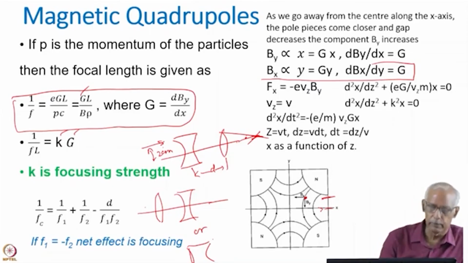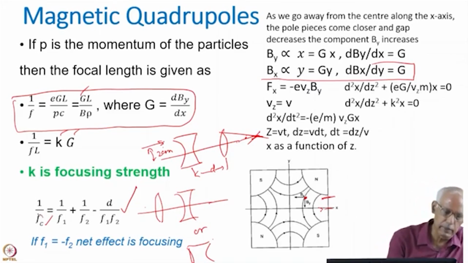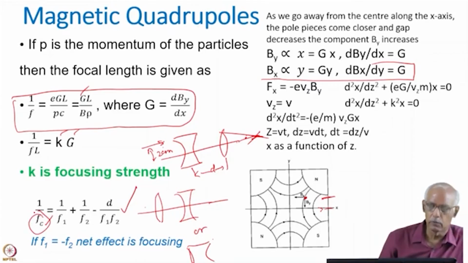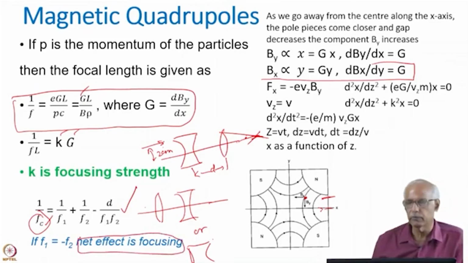If you put either of them, you will find that the combined effect is always positive. Therefore any combination of lenses, either focusing, converging, converging diverging, or diverging focusing, this FC, the combined focal length, will always be positive, and therefore the net effect will be focusing.